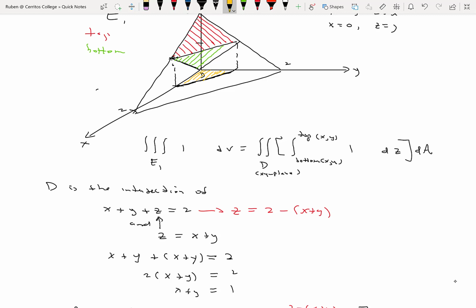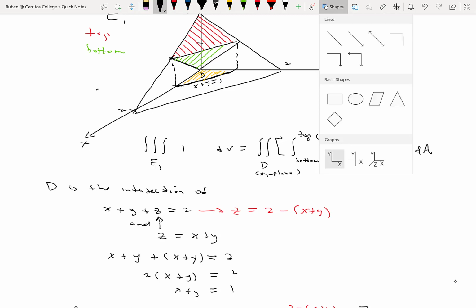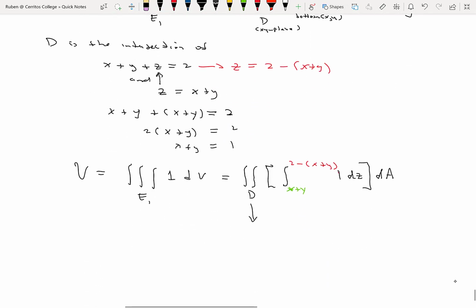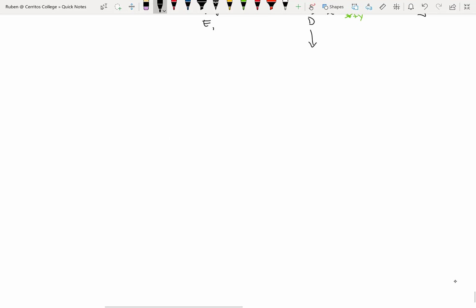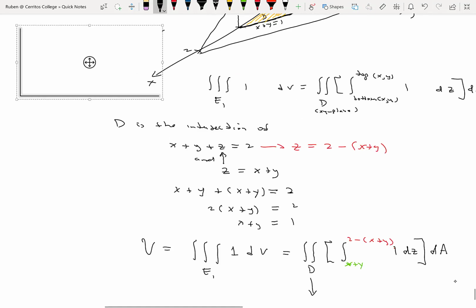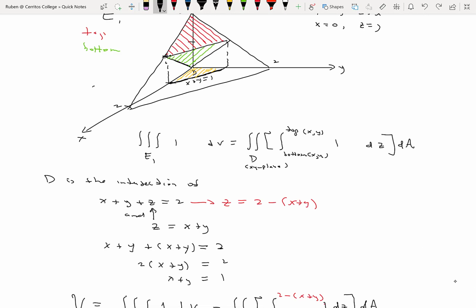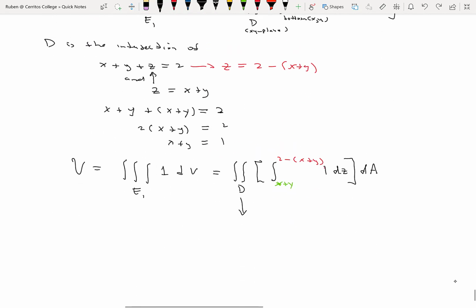It's in the xy plane, and it's bounded by the x-axis, the y-axis, and the intersection we just found, x plus y equals 1. So let's take a look at that yellow region in the xy plane.